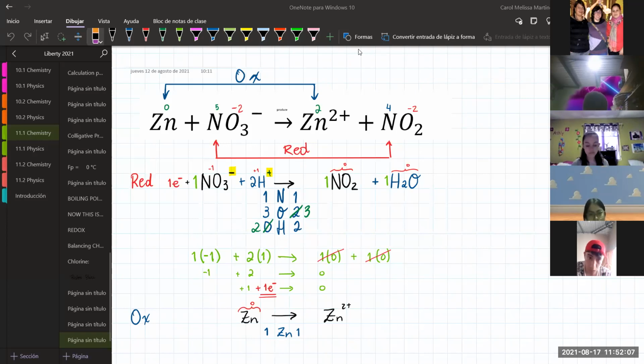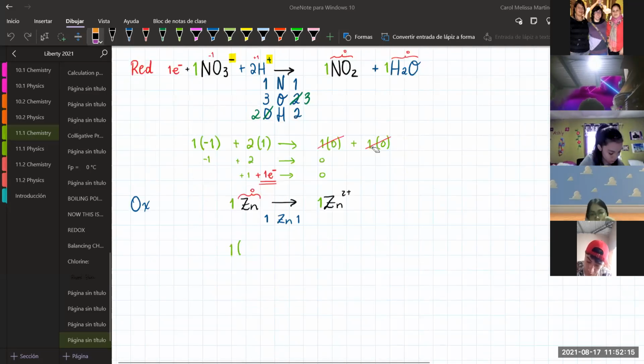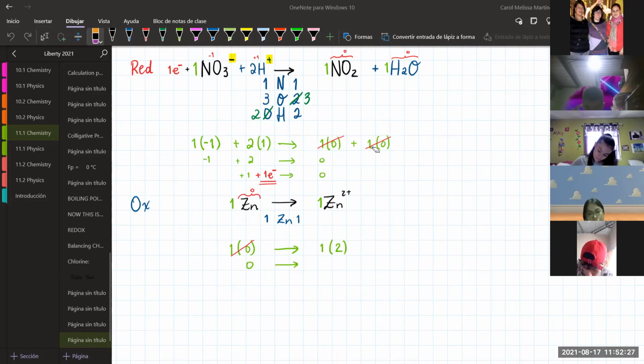So we say invisible 1 on each side, okay? So we say invisible 1 times 0 is producing invisible 1 times the charge of positive 2. This is going to be cancelled, so it's going to be 0, producing 2.